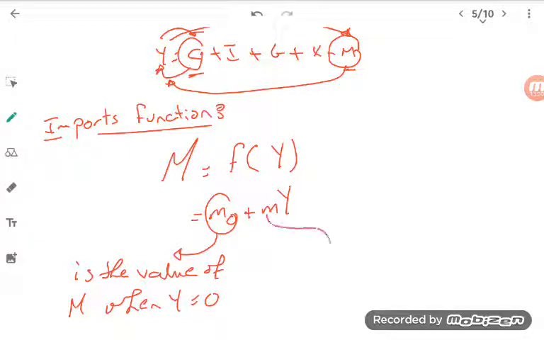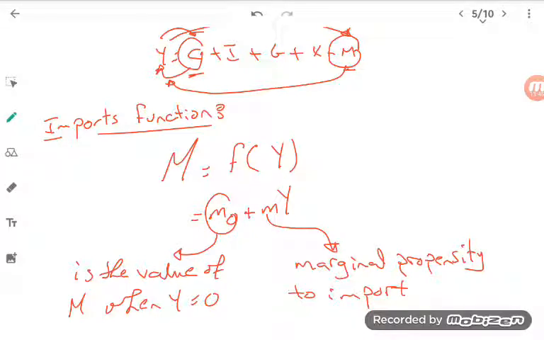Small m is the marginal propensity to import, or MPM, which is the change in imports due to a change in income by 1 unit.